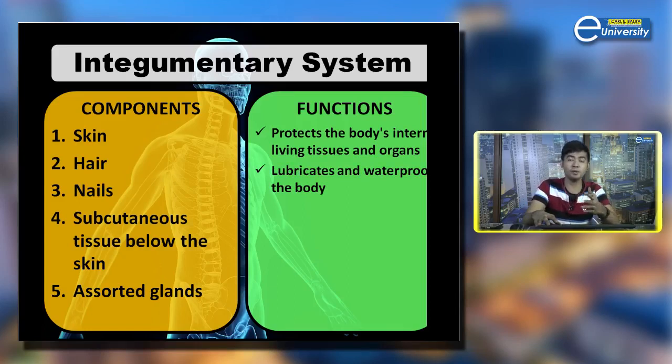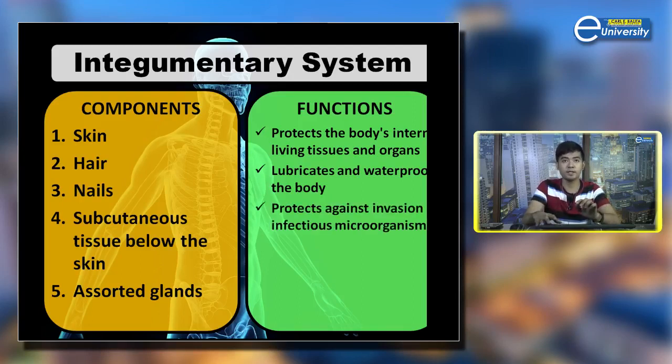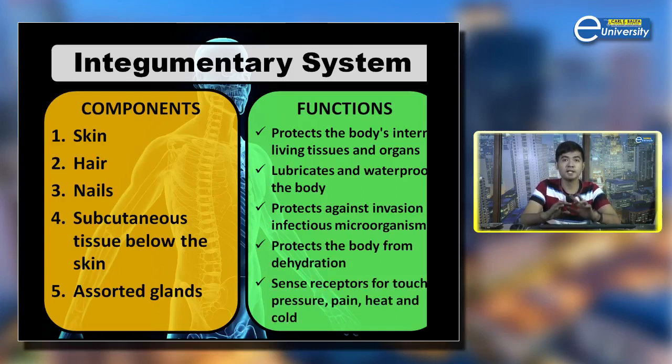Later we will discuss how the epidermal layer of the skin lubricates our body. Next, it protects against invasion by infectious microorganisms and protects the body from dehydration. And lastly, it has sense receptors for touch, pressure, pain, heat, and cold. Those are the main functions of the integumentary system.